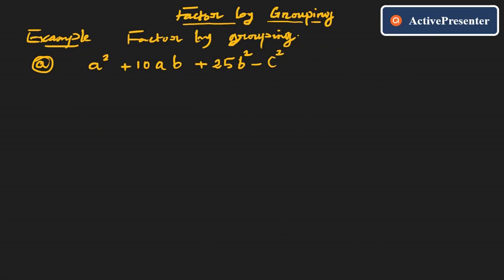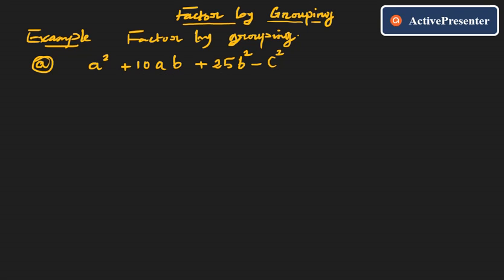Let's say we have a squared plus 10ab plus 25b squared minus c squared. If you look at this example, here we have a squared, here we have 10ab, and here we have b squared.